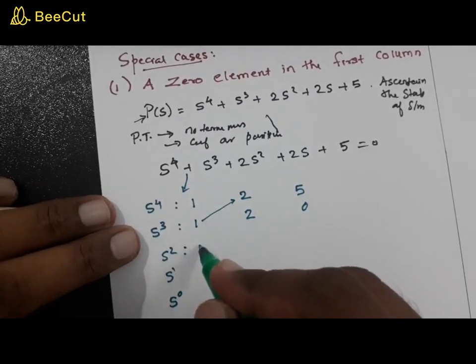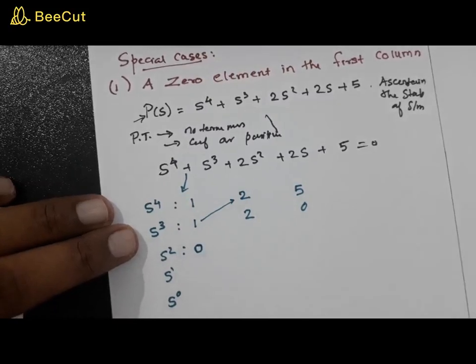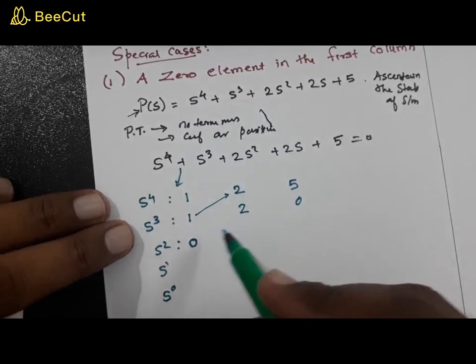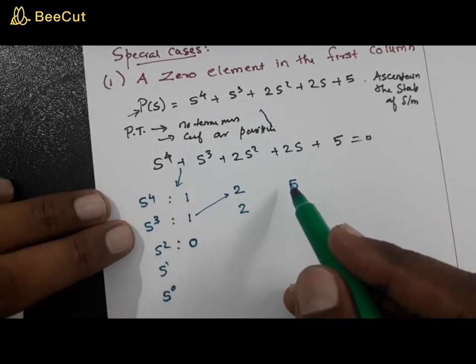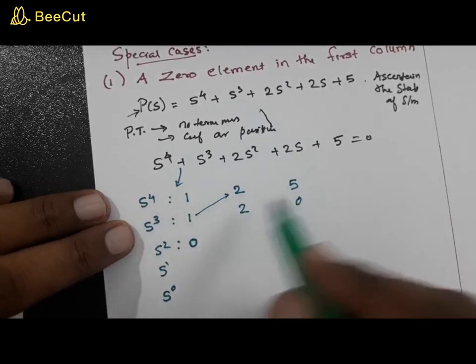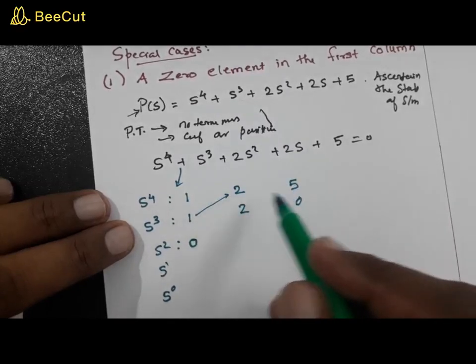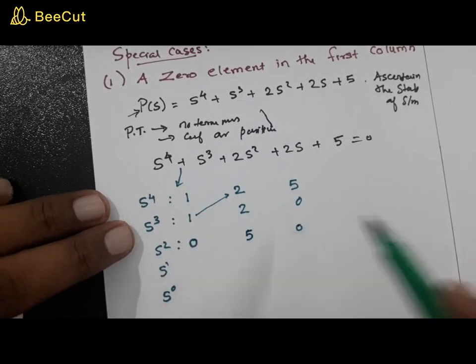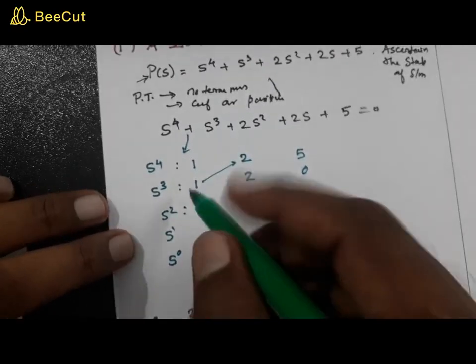So the first element becomes 0, right? This is the problem. The next element will be 5 minus 0, so 5 minus 0 by 1, you are going to get 5, and the rest is 0. Now what is the problem? This one is the problem.